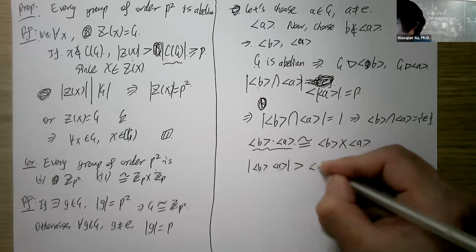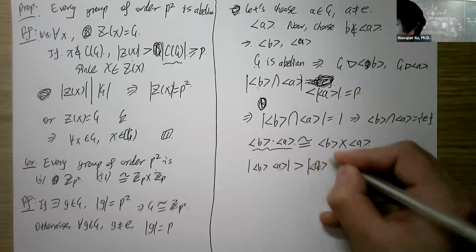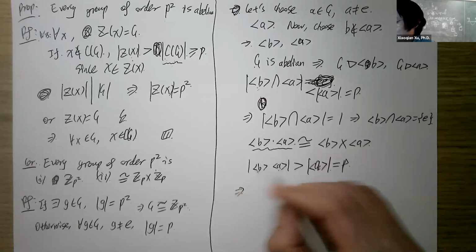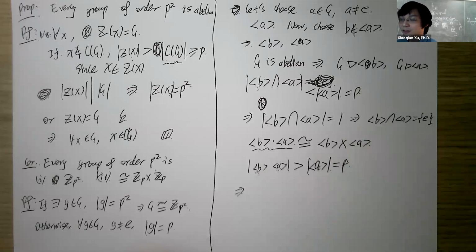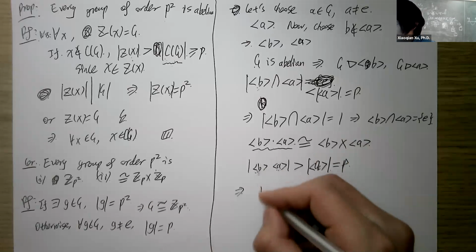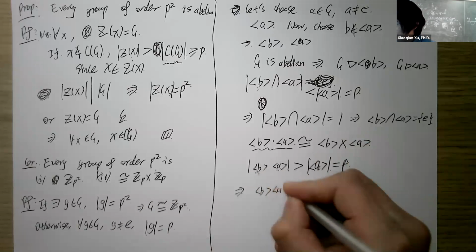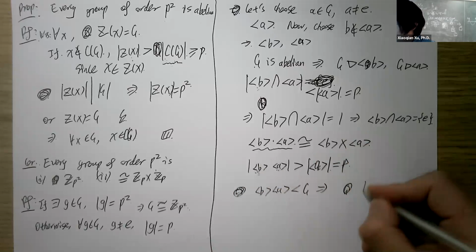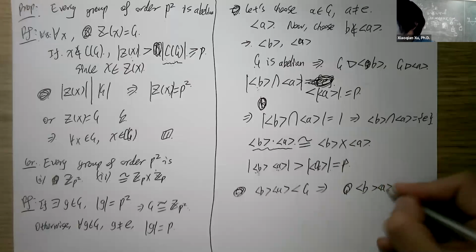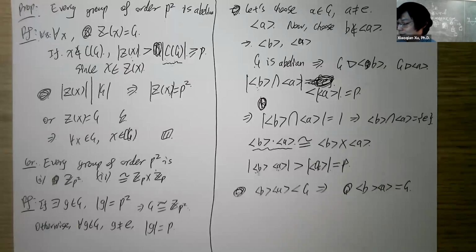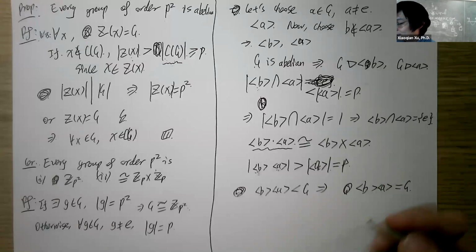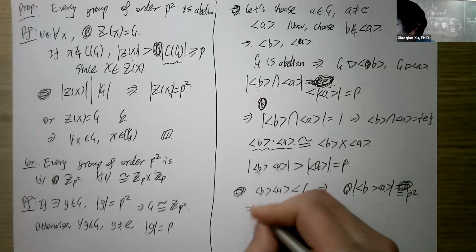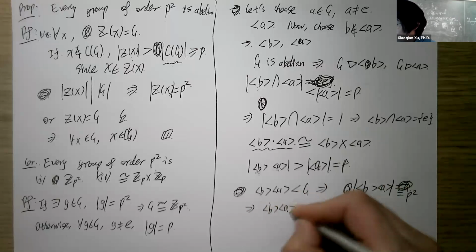So it's at least bigger than P, and since both are normal subgroups, it is a subgroup, so the order equals P squared. That means the product equals G.